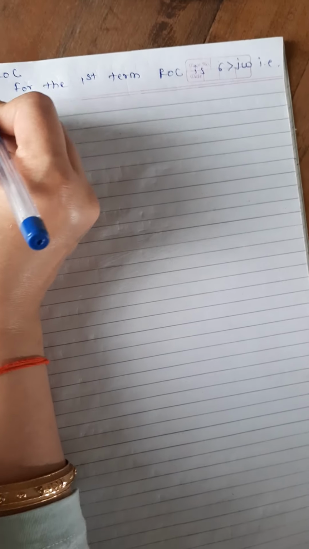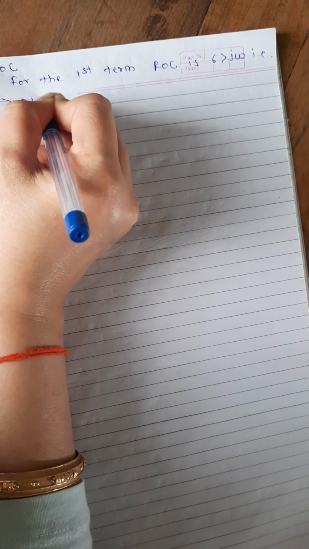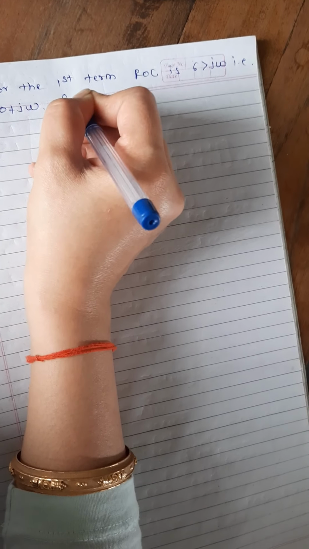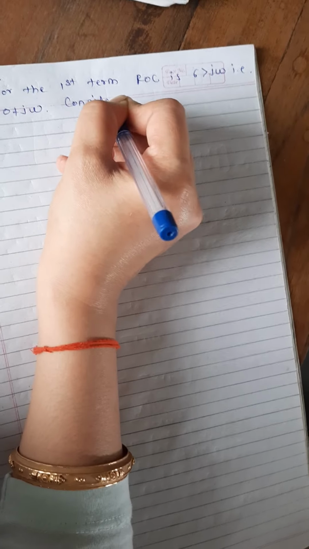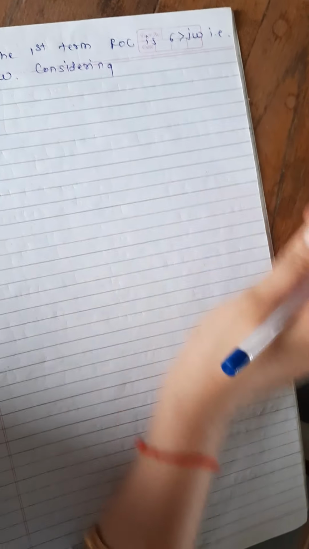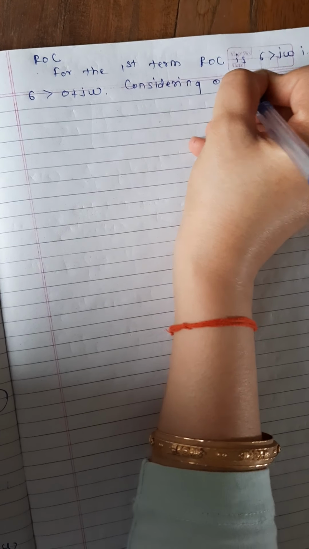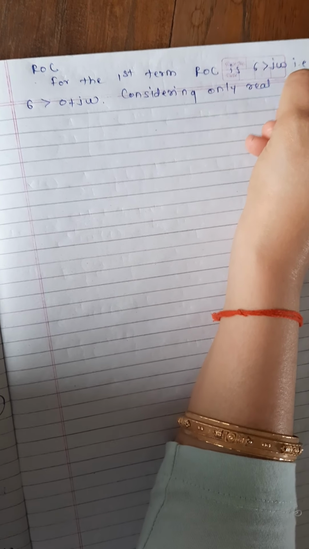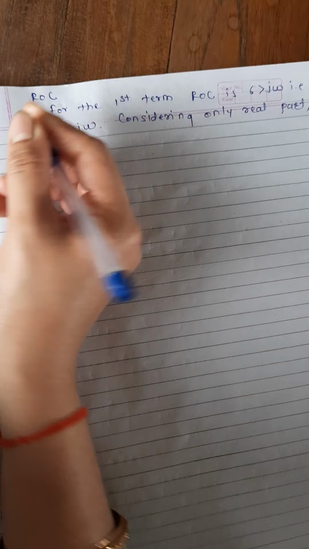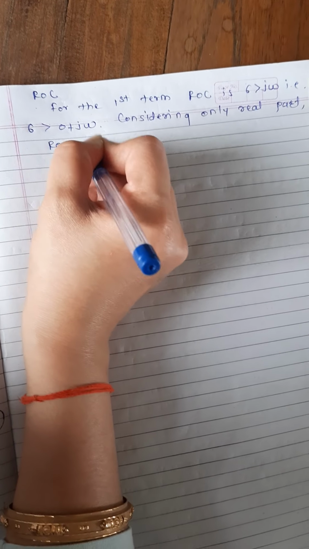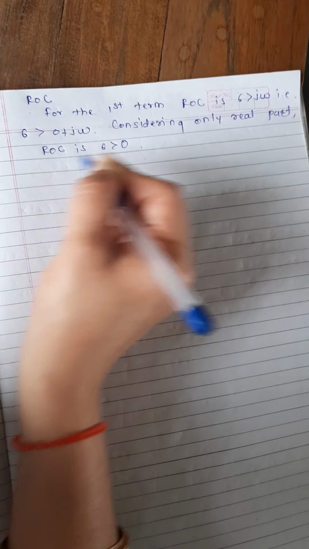That means sigma greater than 0 plus j omega. So considering only the real part, ROC is sigma greater than 0.